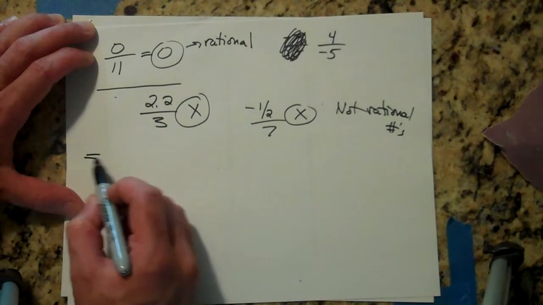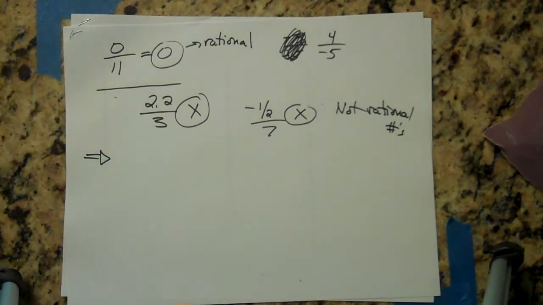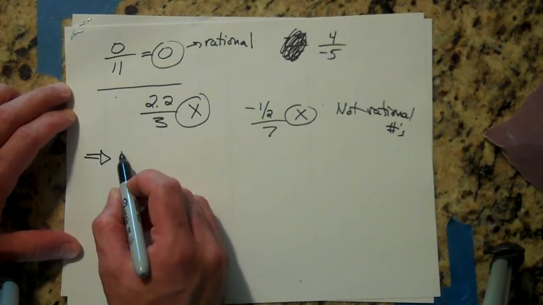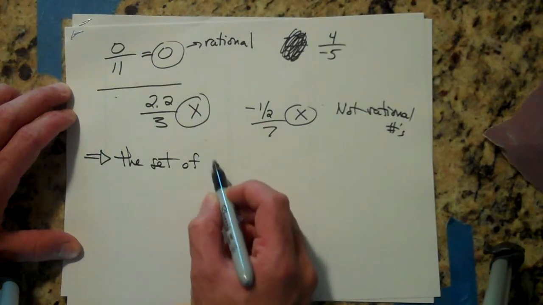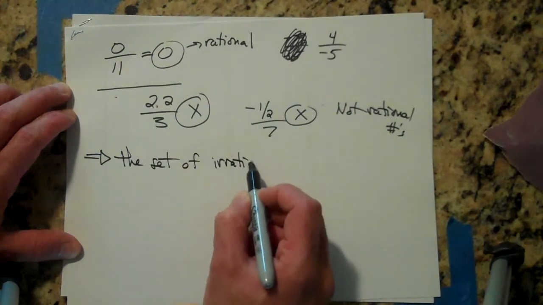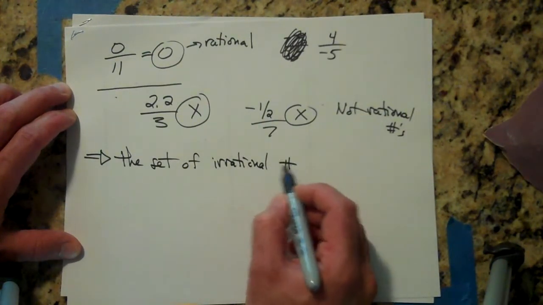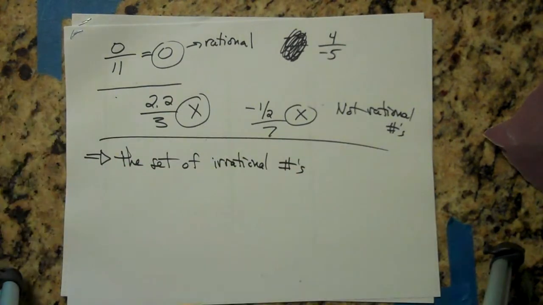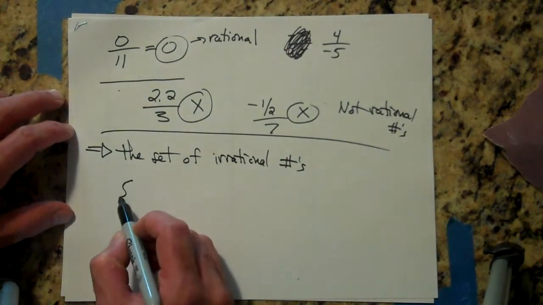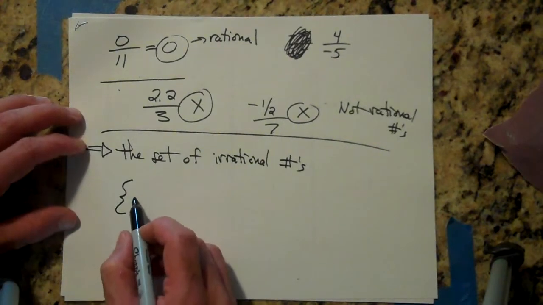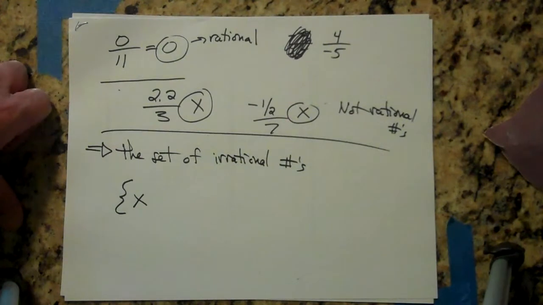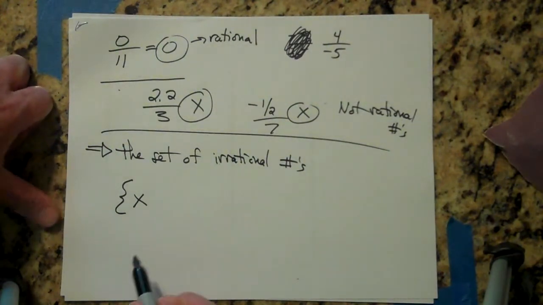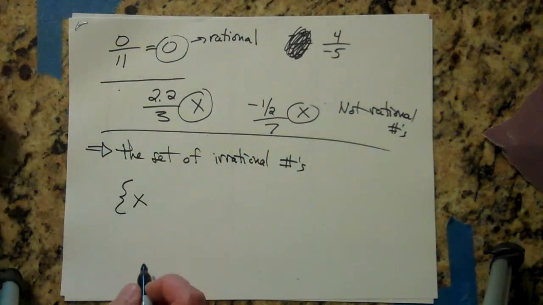Which leads me to the segue of what is an irrational number. So we'll talk about the set of irrational numbers. I'm going to do this in set builder's notation again, and again, so you can see how set builder's notation works.